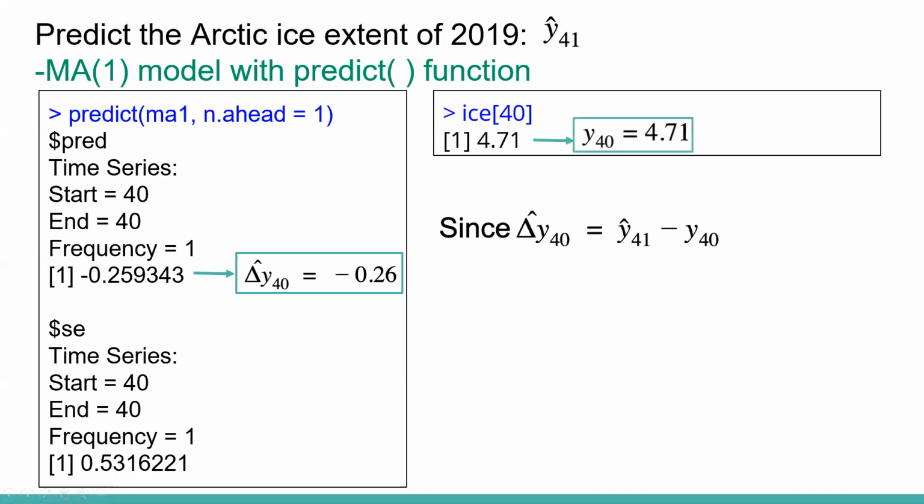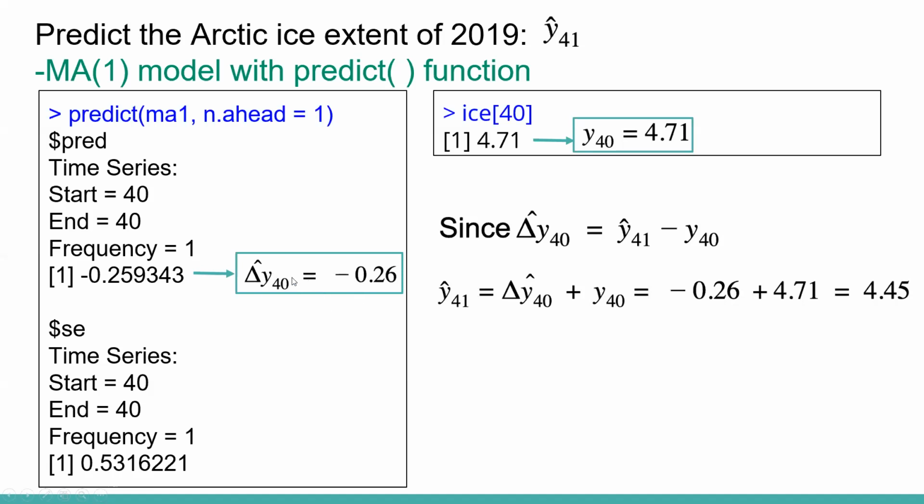So my Y40 equals 4.71. If I want to know the prediction for Y41, don't forget, I actually want to predict for Y41. What I have here is not the prediction for Y41. Don't forget that we have differenced our data set. This is what comes from there.